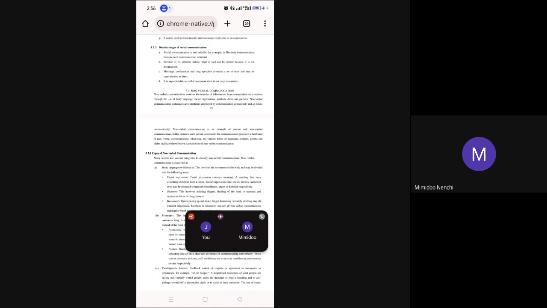The next thing you use is sign language, or you transfer your message via your facial expression. Sometimes facial expression also communicates to the person receiving the message.